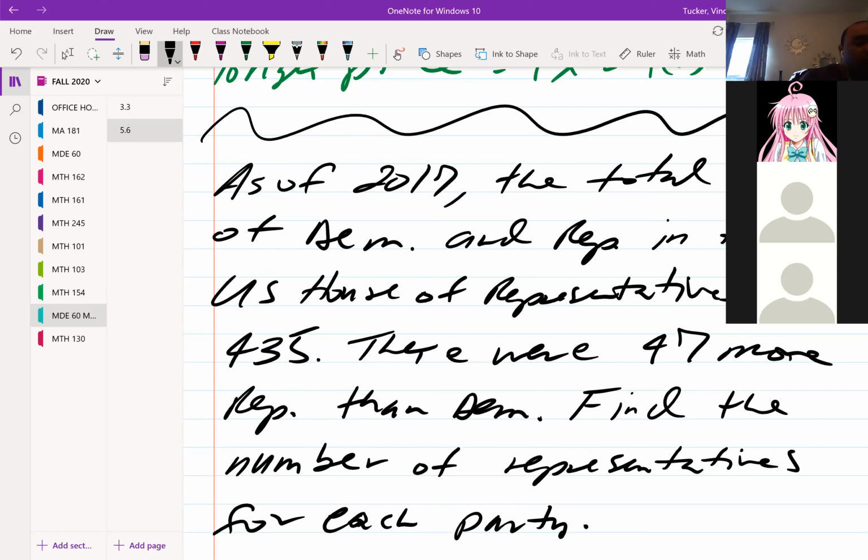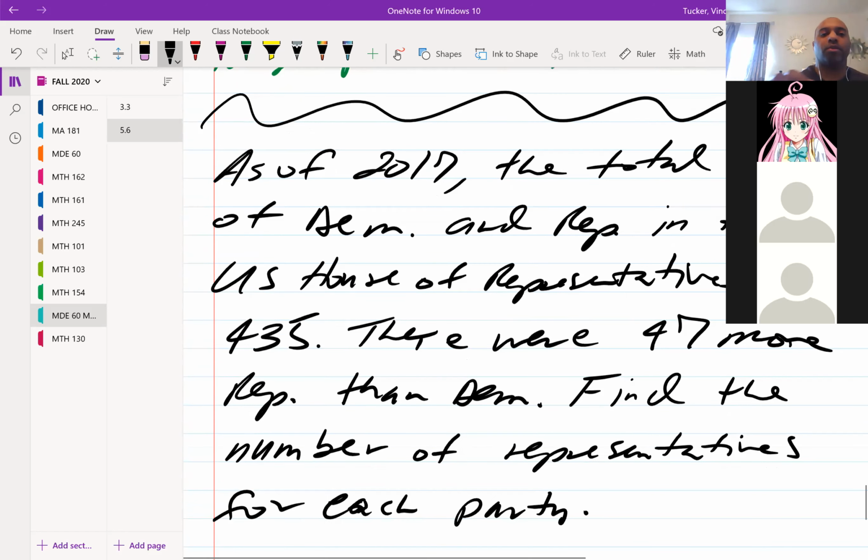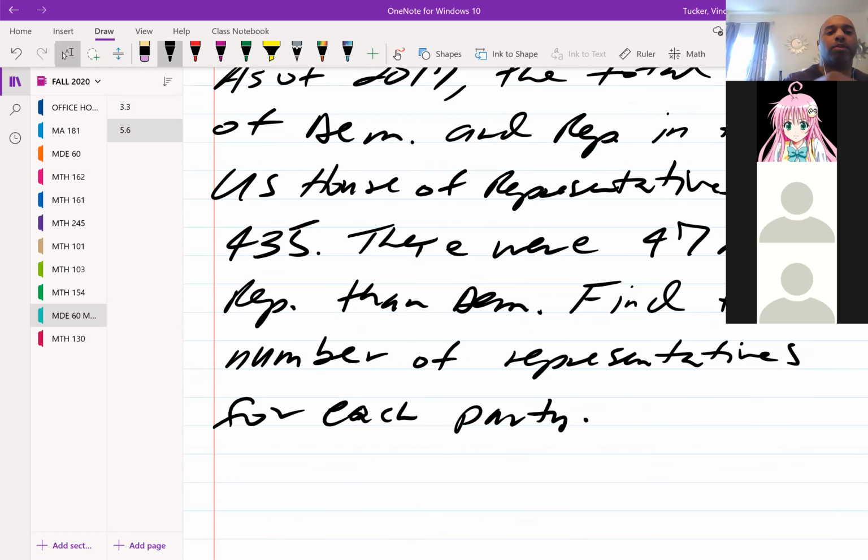Find the number of representatives from each party. All right, so we have 2 unknowns here.